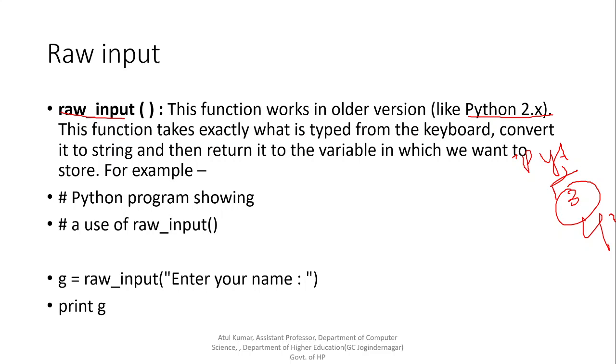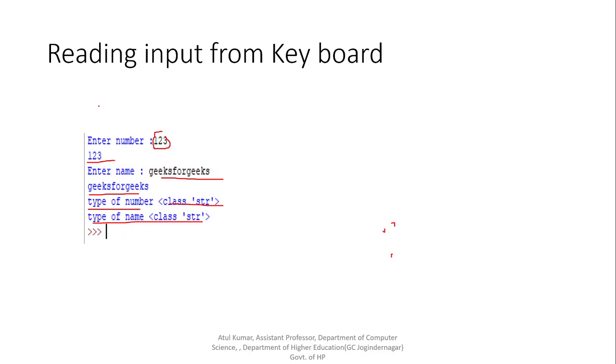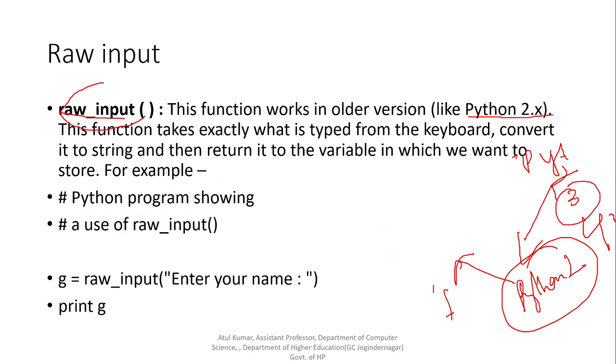For those working with Python 2, if they want to enter any value or input from the keyboard, the function they use is raw_input, and it is the same function that I discussed previously, that is the input function in Python 3. So g is equal to raw_input, enter your name, print g.